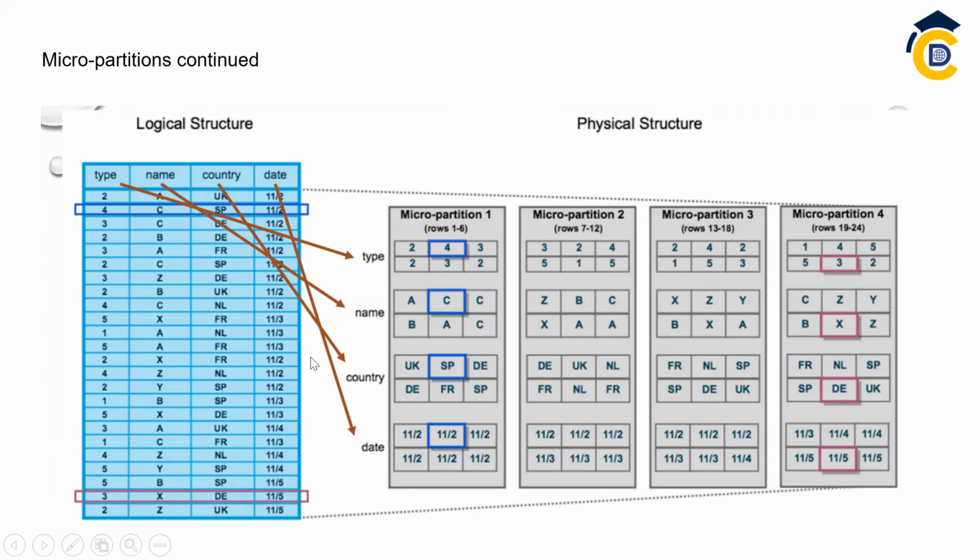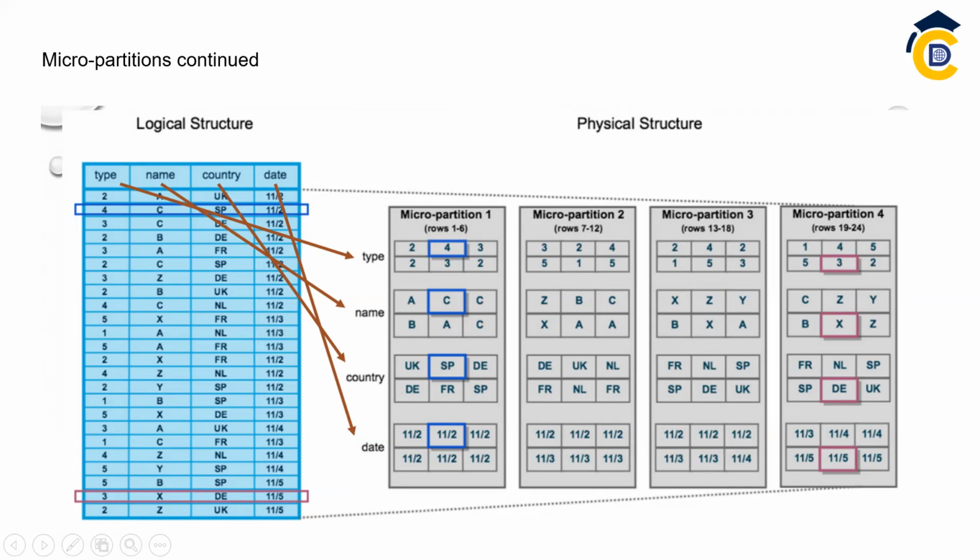So all the 11 by 2 before 11 by 3 got stored one by one as it is, in the order it came, till micro partition 2 here. After that, 11 by 3 started from here. Then 11 by 3 kept continuing for 3 rows, and again 11 by 2 started to come. So 11 by 2 went on to the third partition. Then again 11 by 3 came, so it also went to the third partition, and then 11 by 4 came. After that, 11 by 4 came and 11 by 5 came, so they moved to partition 4.